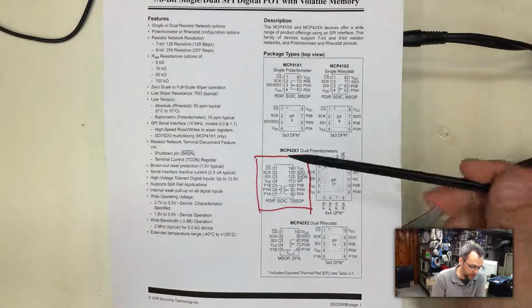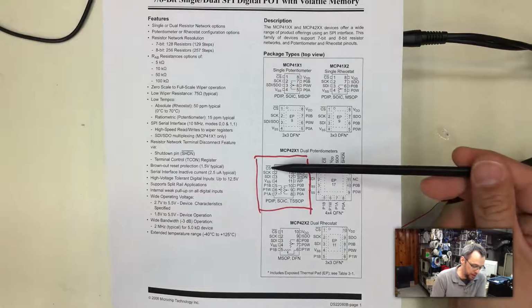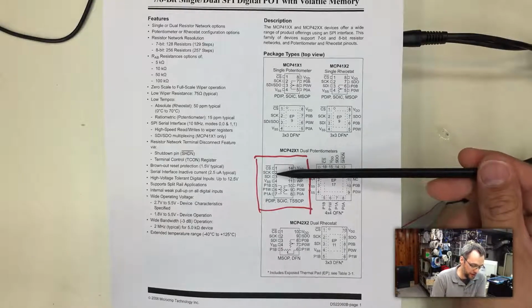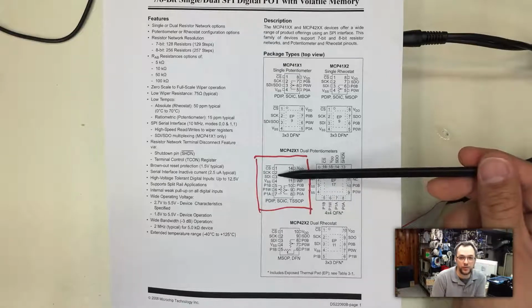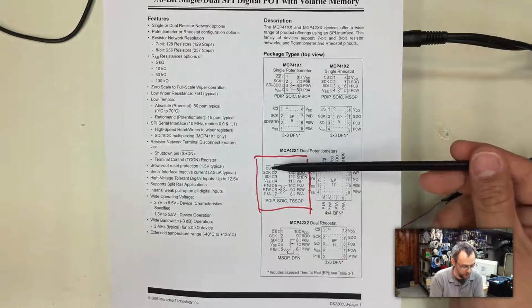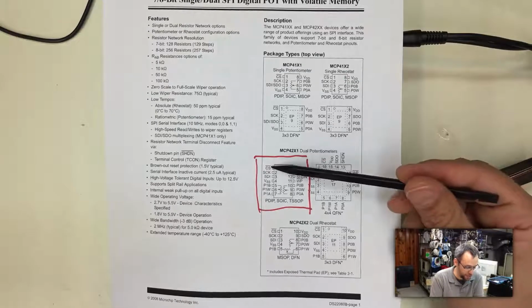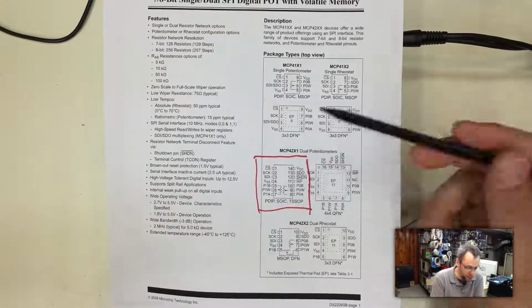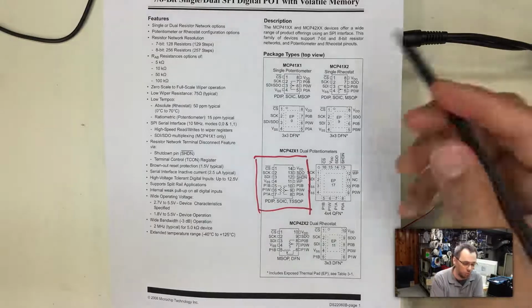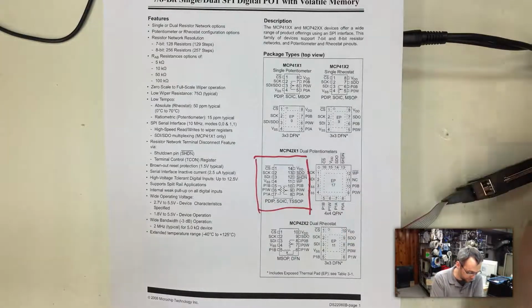This chip also states that when chip select goes low, it has to receive 16 bits, and all 16 bits have to have been received and valid before you bring chip select back high. Then when you bring chip select back up, it actually commits that to the device.